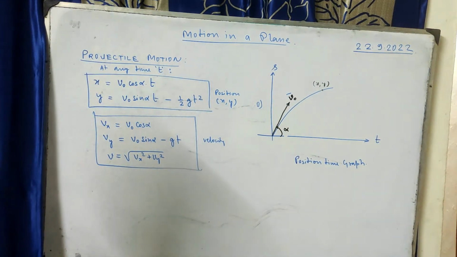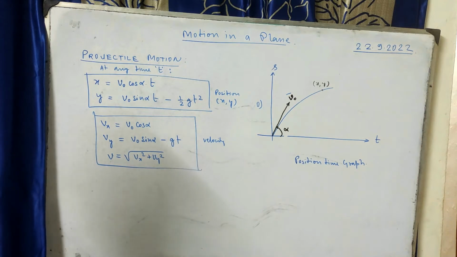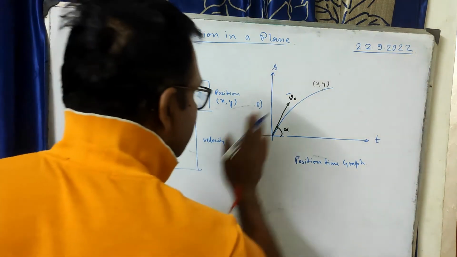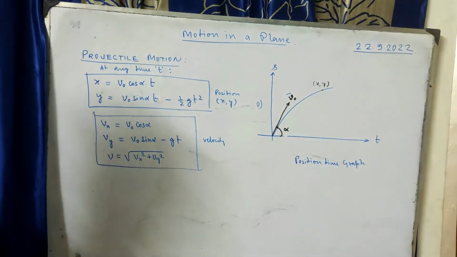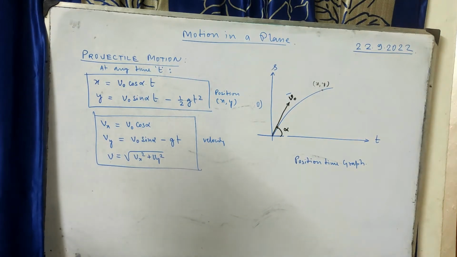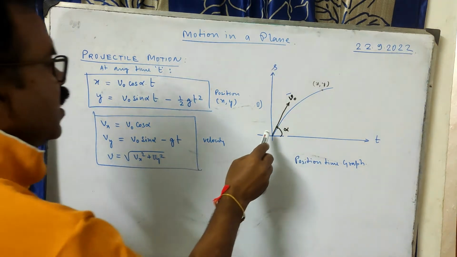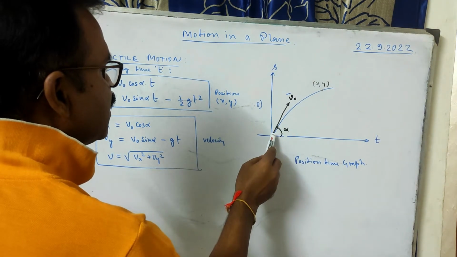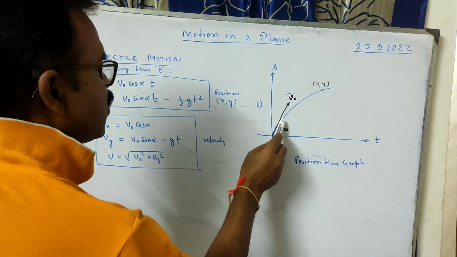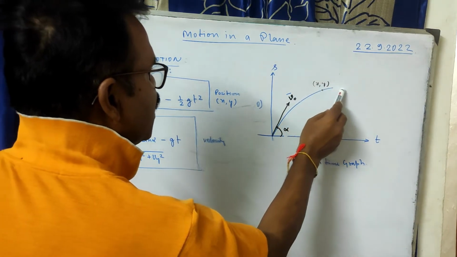Now we will find out the trajectory. Trajectory means what? The path. It is the locus of the projectile as it moves. At zero time it is here, then it is going like this, in this way it is moving, right?